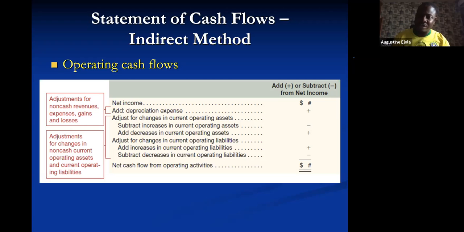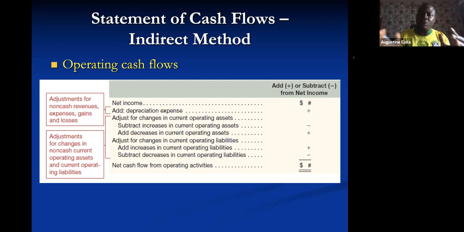It's just an accounting treatment. All right. It's just an accounting entry. It is not that cash has left the business that year. The cash flow statement is interested in cash that is coming into the business and that is leaving the business in that year. So we'll add back depreciation and amortization.